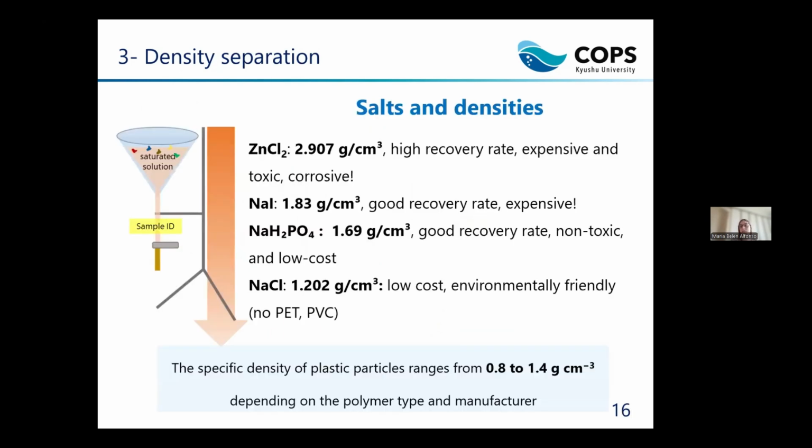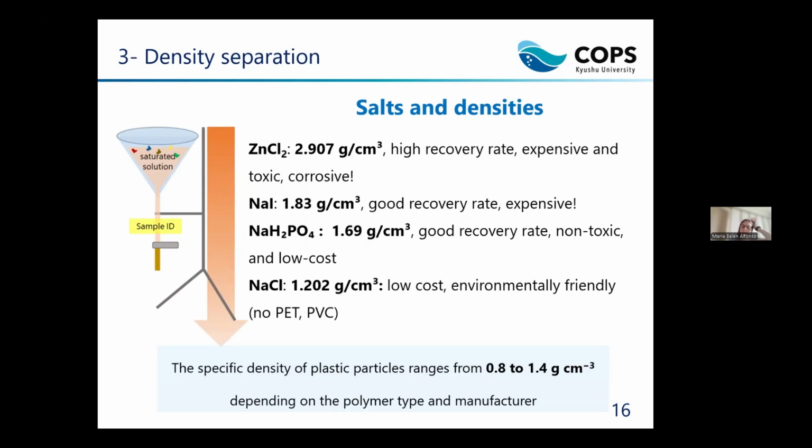In the case of the density separation, we can use different types of salts and densities. As we know, the specific density of the plastic particles ranges between 0.8 and 1.4, but this depends on the polymer type and the manufacturer.